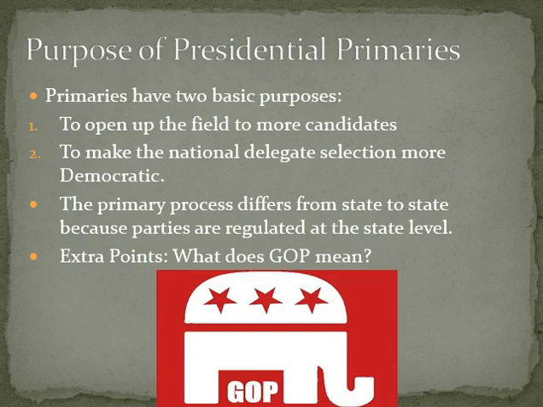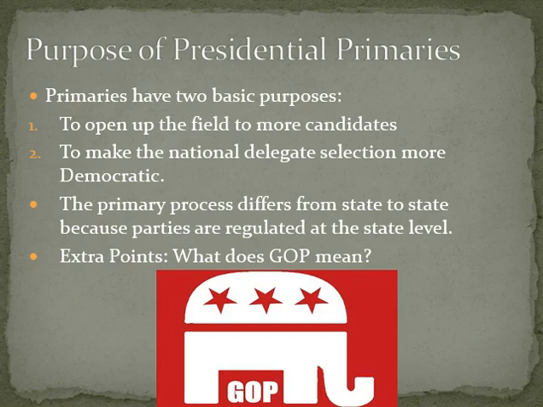Primary elections have two basic purposes. This is also a test question, so make sure you know the two basic purposes of presidential primaries. The first is to open up the field to more candidates, making it, of course, a more democratic process. So that makes the national delegate selection more democratic.